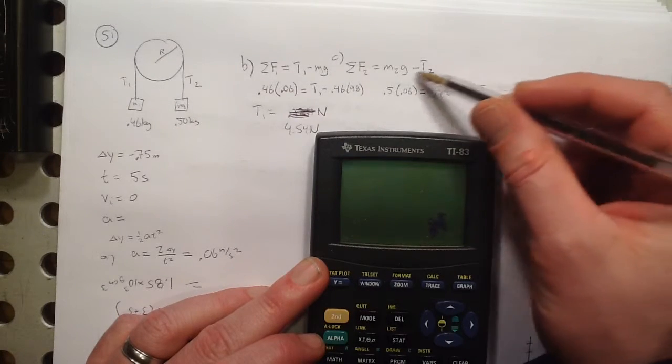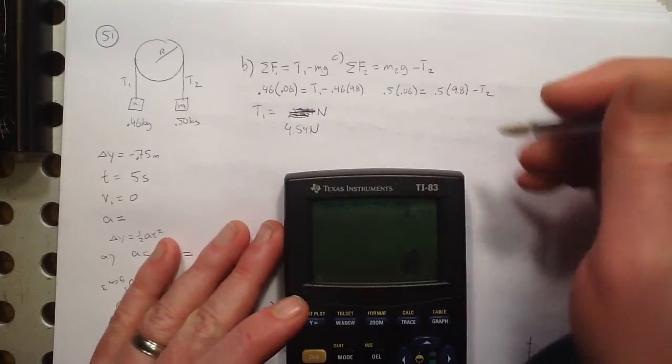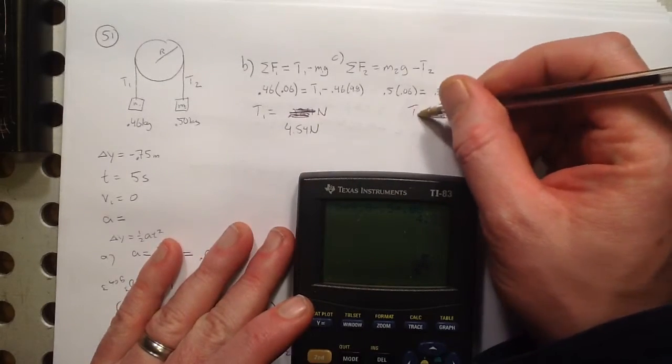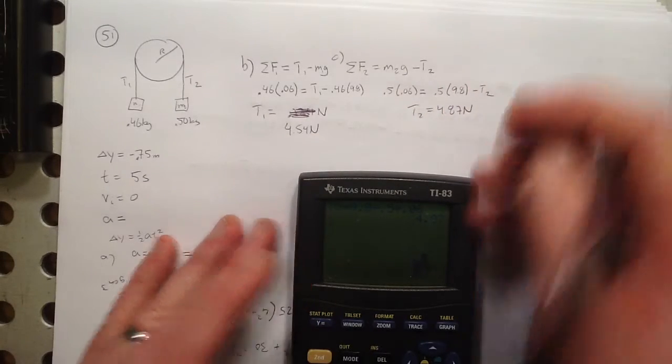So T2, I move that over here, it's going to be 0.5 times 9.8 minus 0.5 times 0.06. And that's 4.87 newtons.